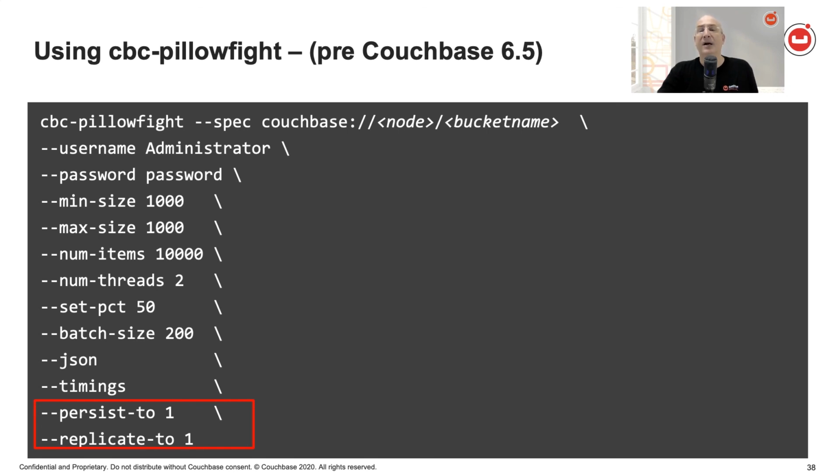You can use the parameters --persist-to and --replicate-to to set the persist-to and replicate-to values for the test. Then you can run the test and measure the impact of these parameters.